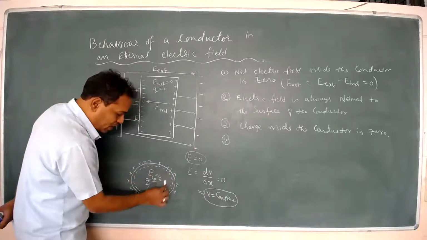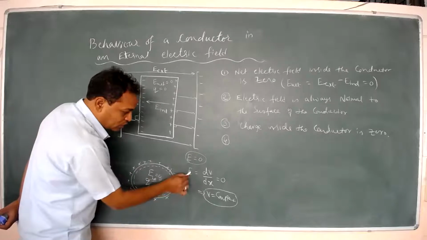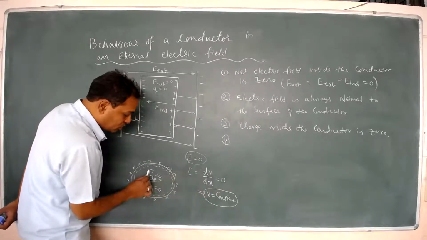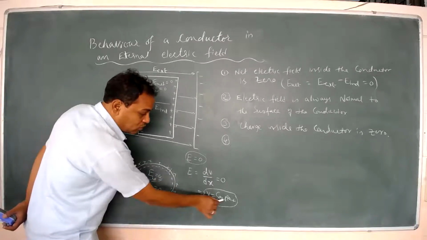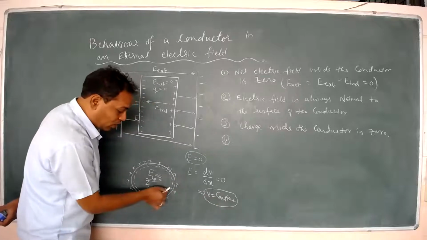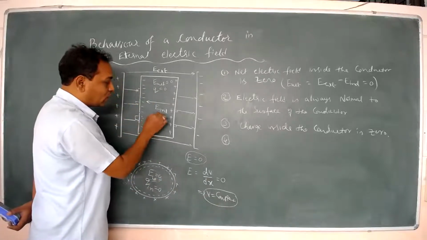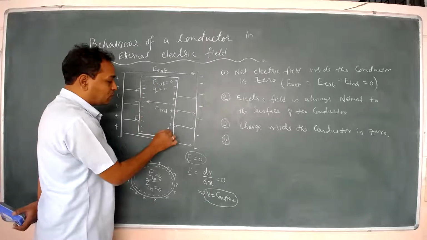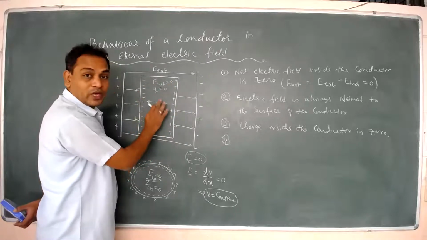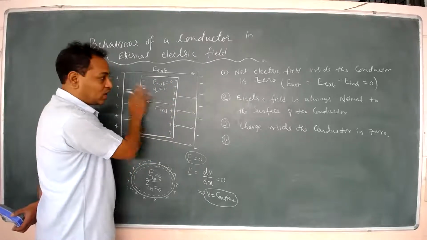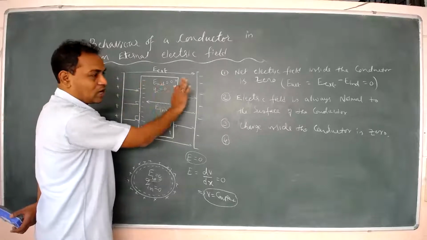That means inside, where the electric field is 0, the potential will be constant at every point. If you take anywhere inside this conductor, the electric potential will be constant when it is placed in an external electric field.